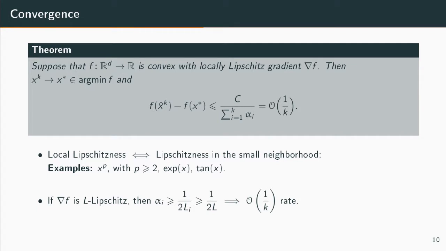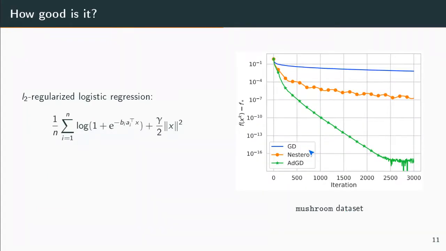Okay, let's quickly see how it works. For example, this is a typical logistic regression problem with one of the popular data sets. We compare gradient descent, and we compare Nesterov's method, which probably works faster than gradient descent.